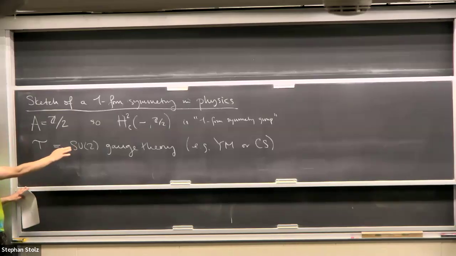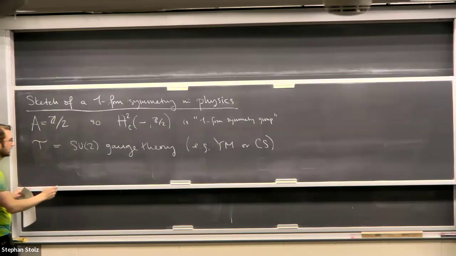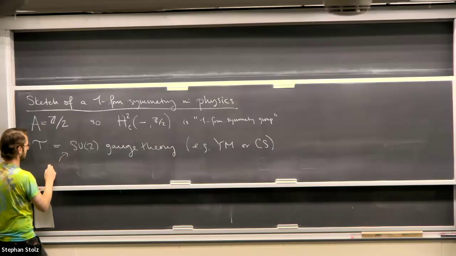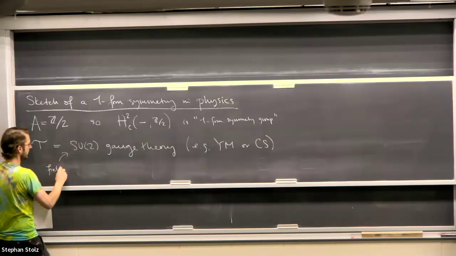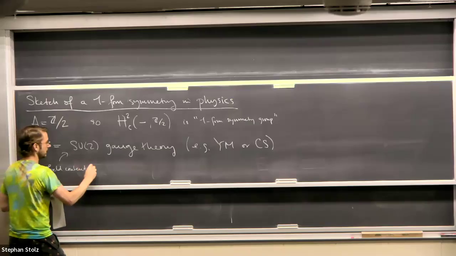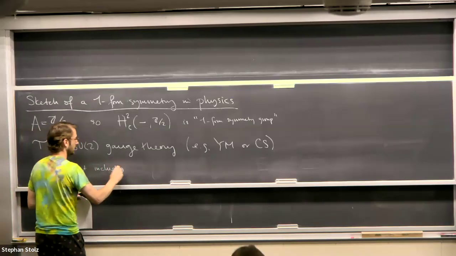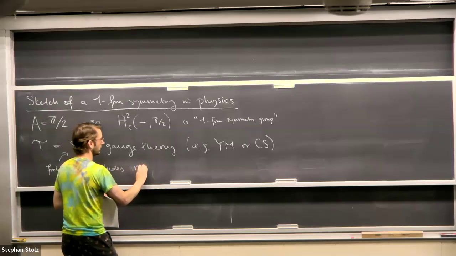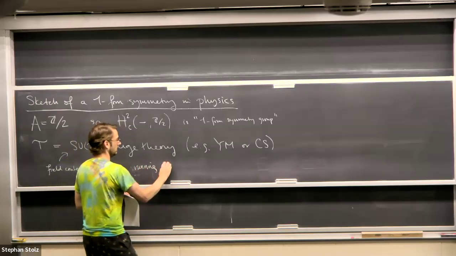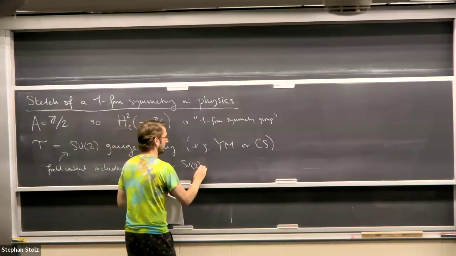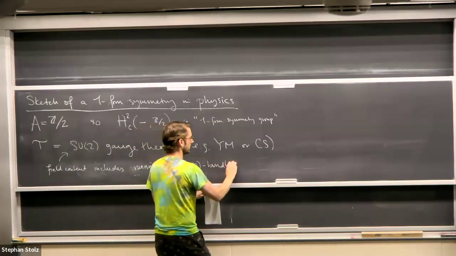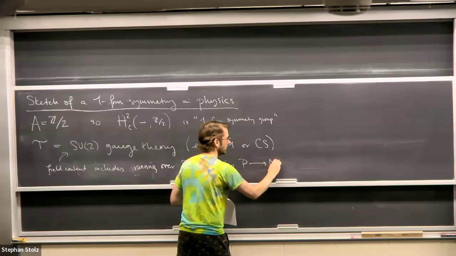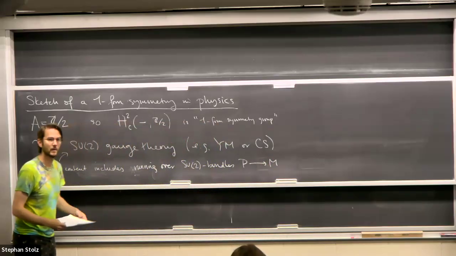The thing that's really going to matter for what we're talking about is that the field content of the theory includes a sum over SU2 bundles, principal SU2 bundles P over your manifold. Okay.